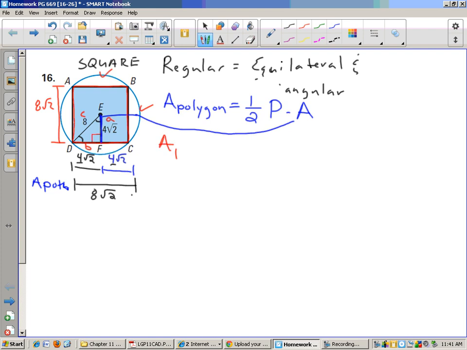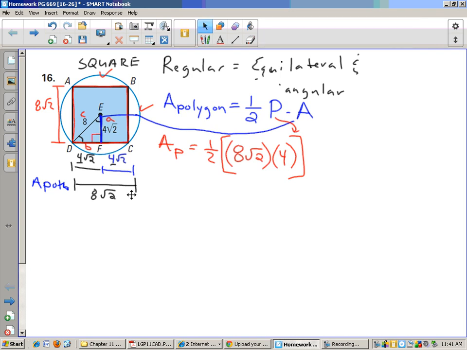So the area of a polygon is going to be 1/2 of 8 root 2's times 4, because that's what the perimeter is going to be. This is the perimeter here. There's 4 sides at 8 root 2 each. And then the apothem is still going to be this blue line in the middle, 4 root 2s.